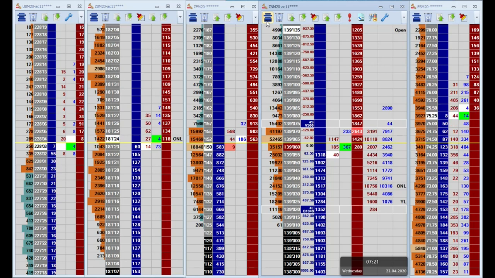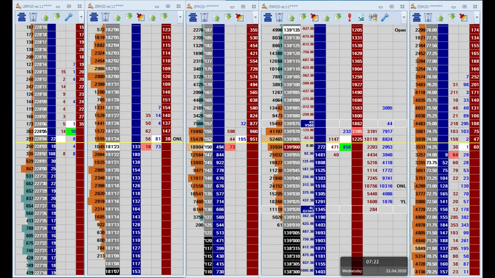This was kind of frustrating for me here. You'll see what happens. Takes a while to play out, but it turns out to be a very, very good trade.